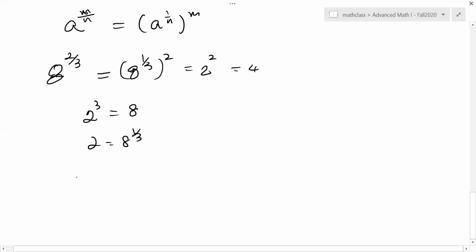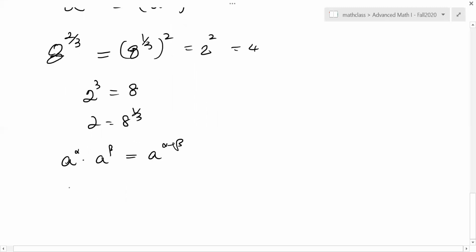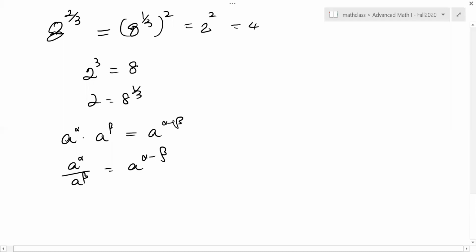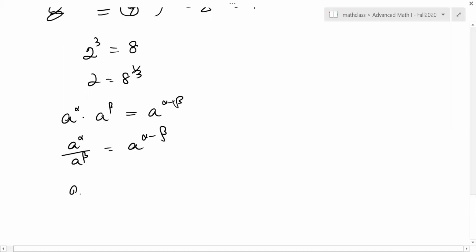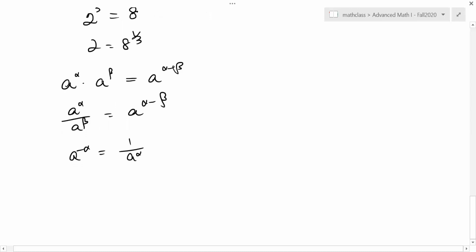We have some formulas we should know. a to the alpha times a to the beta is a to the alpha plus beta. We also have a to the alpha divided by a to the beta, which is a to the alpha minus beta. We also have a notation: a to the negative alpha is 1 over a to the alpha.